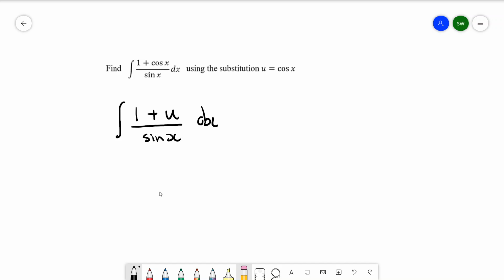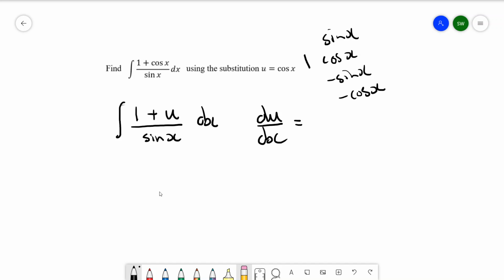So we need to replace dx with something to do with du, so we're going to work out du by dx. If we differentiate cos x, we've just got to think about this diagram. And remember, to differentiate, we go down in this diagram. So the derivative of cos x with respect to x is minus sine x.